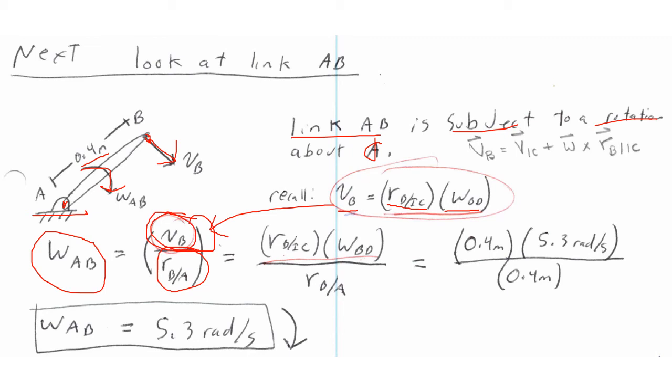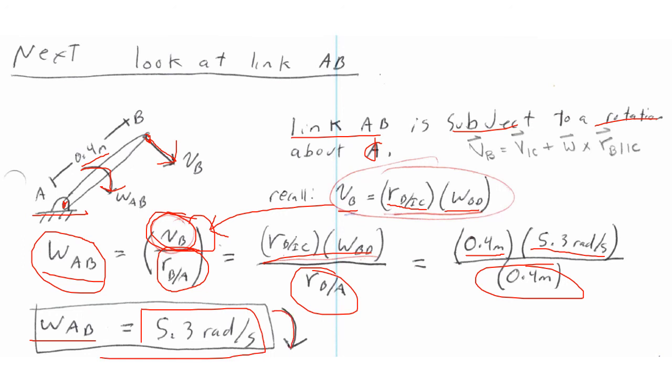So now our omega AB is equal to this relationship for VB divided by my RB relative to A. Plug this in here: RBIC times our omega BD divided by our RBA is equal to, well, we have numeric values for this. This we found to be 0.4 meters for our position of B relative to our IC, and we have our omega BD we'd already solved for as 5.3 radians per second, and we're given the length of AB of 0.4 meters. So everything we need to numerically get a value for omega AB is there. Plug it in, omega AB is equal to 5.3 radians per second, but now this is rotating clockwise.